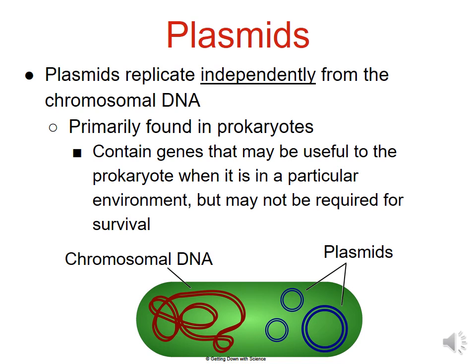And they have genes that are going to be useful to the prokaryote when it's in a particular environment, but it's not overall required for just general survival. And so that's why I was saying a lot of the antibiotic resistant ones are on the plasmids, so they can turn those genes on just when they're in a situation where they're needed.